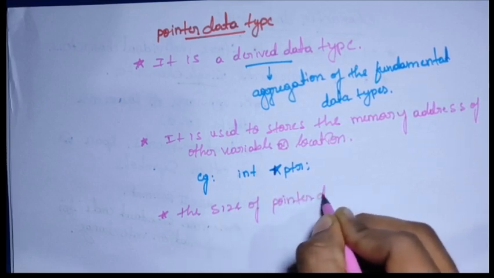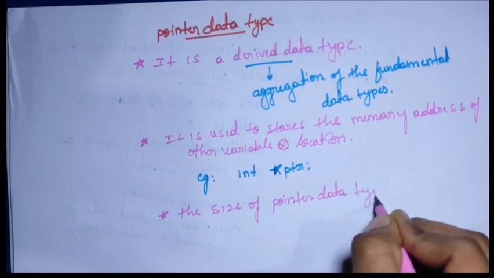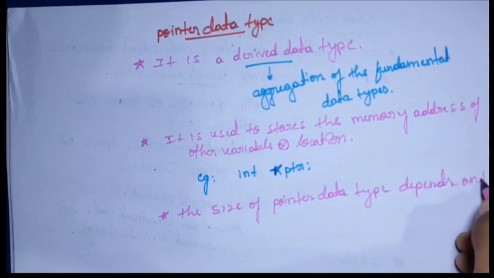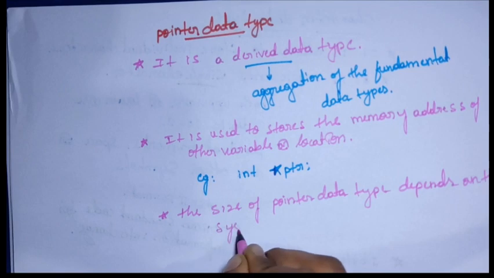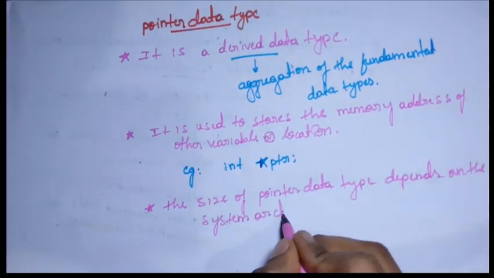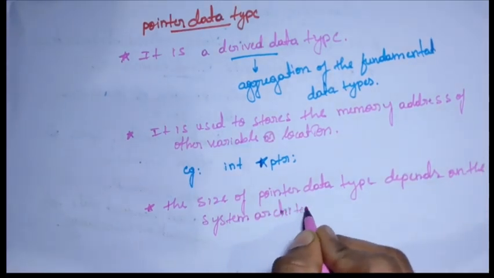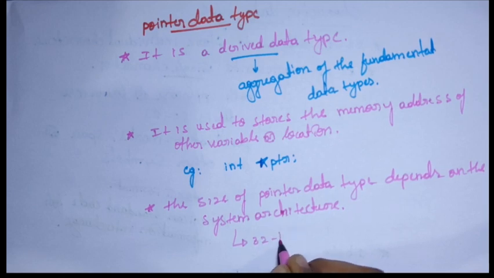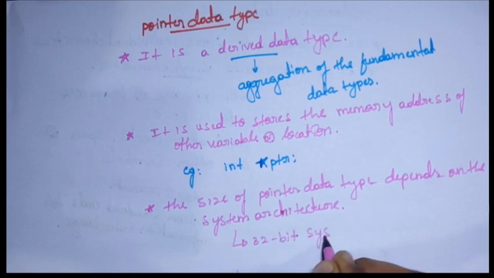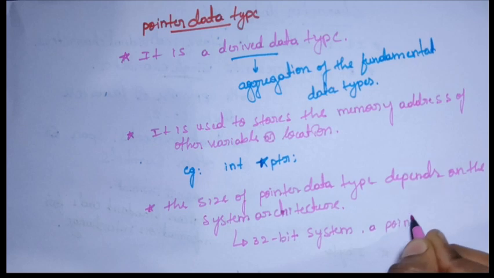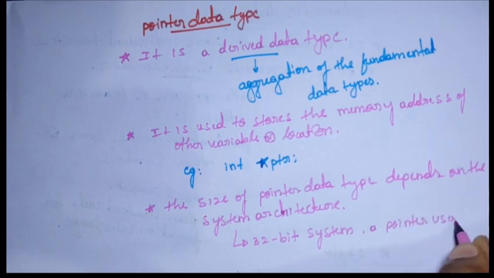The size of the pointer data type depends on the system architecture. If it is a 32-bit system, then a pointer uses 4 bytes.